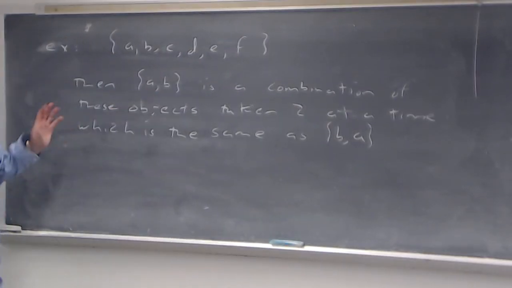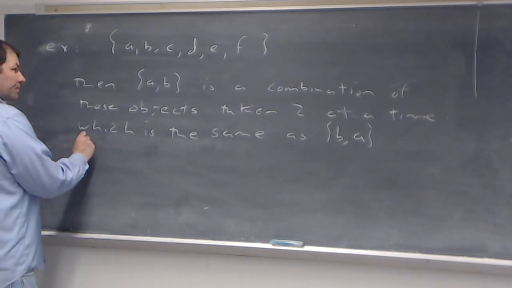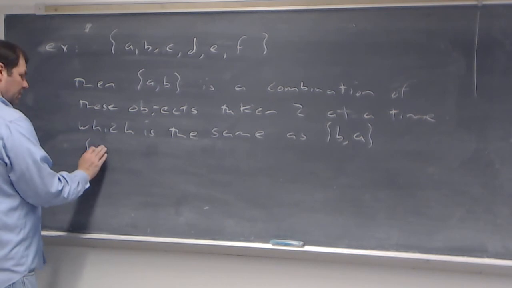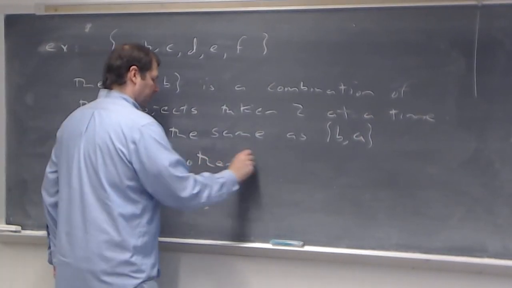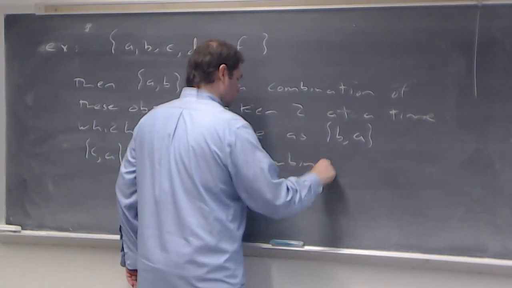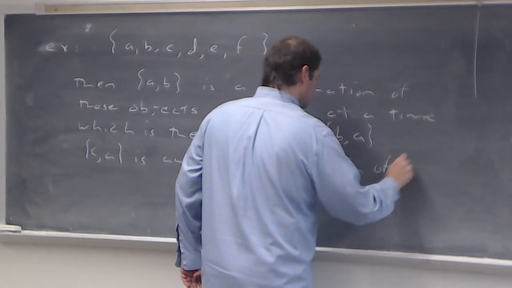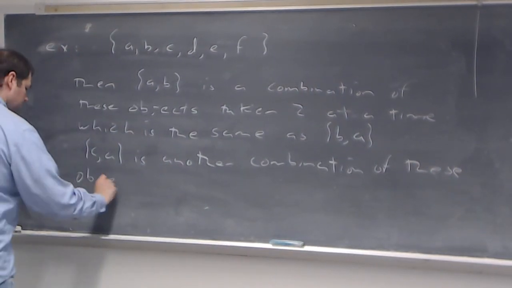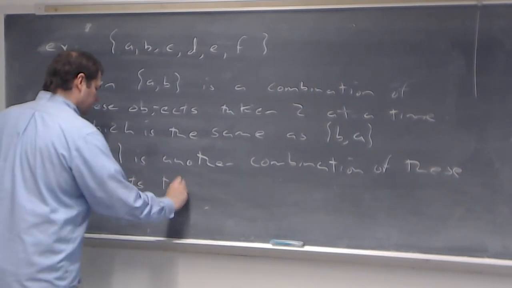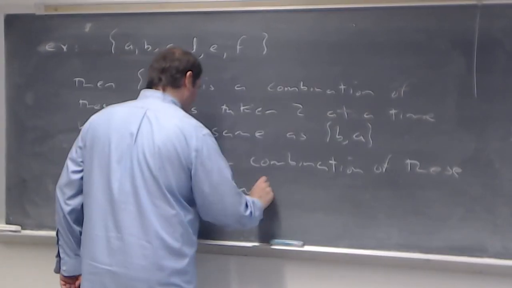So the order in which I list things does not distinguish them, they're the same. AC is another combination of these objects taken two at a time.